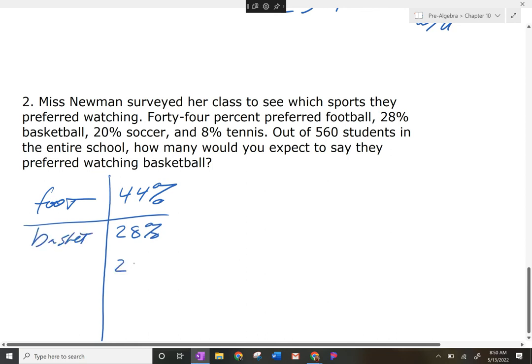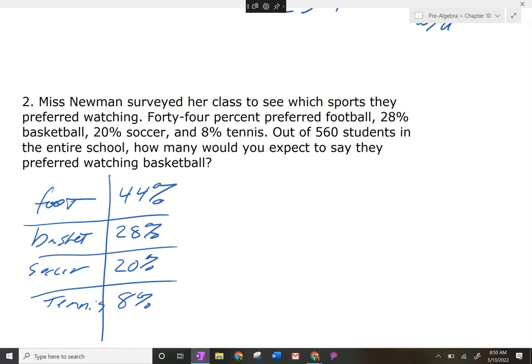It said 20% preferred soccer. It said 8% preferred tennis. The last thing it's asking is, out of 560 students in the entire school, how many would you expect to prefer watching basketball?